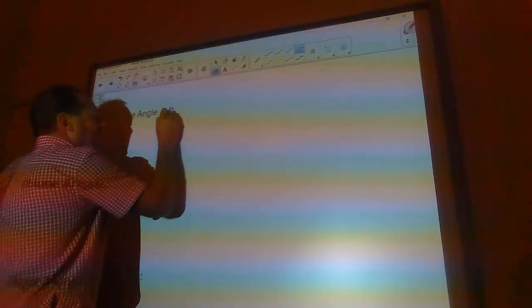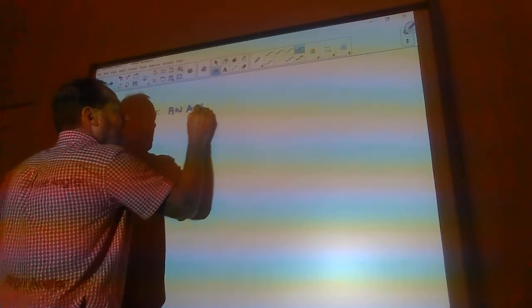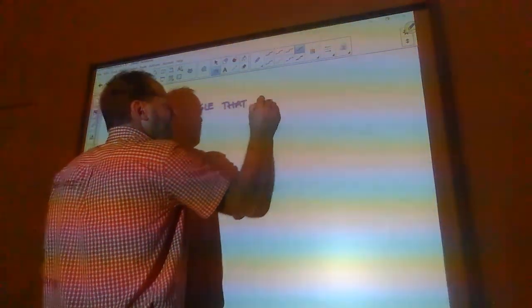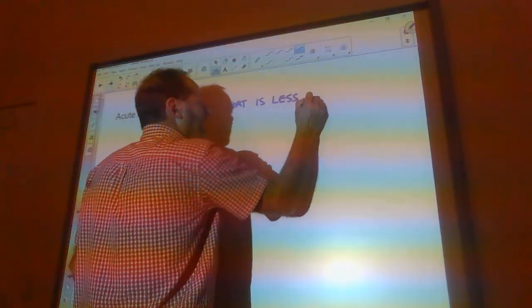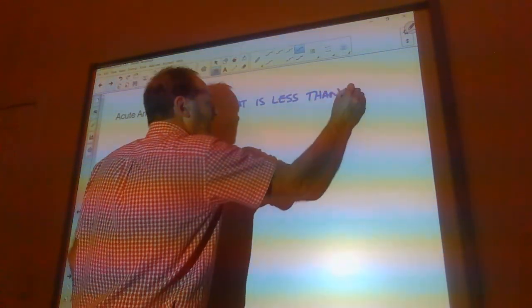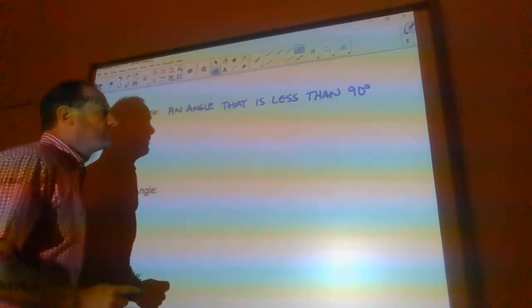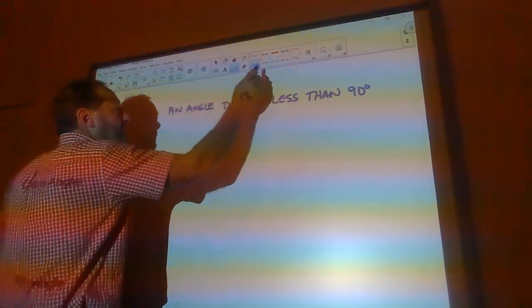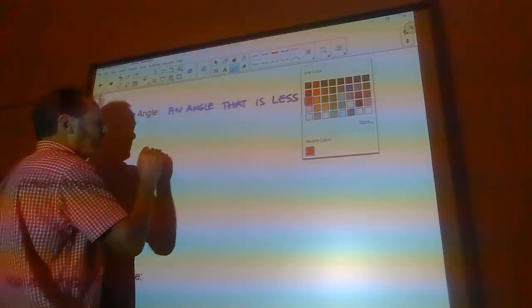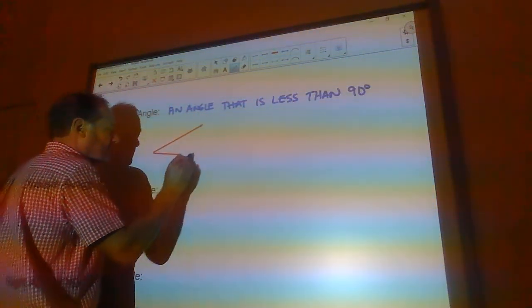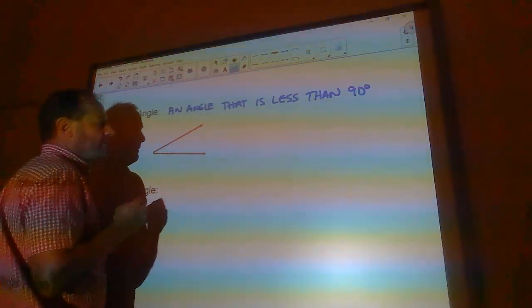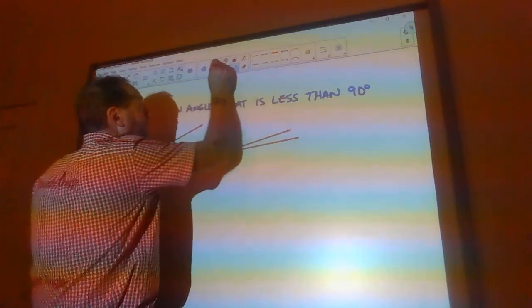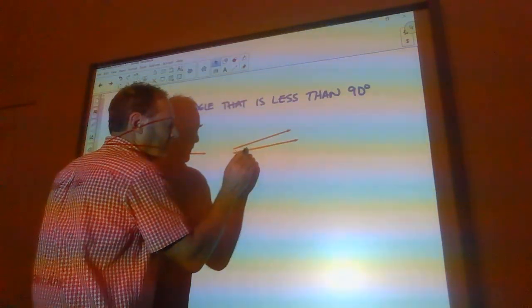It's an angle that is less than 90 degrees. Acute angles look like this. There's an acute angle. There's a really acute angle right there.